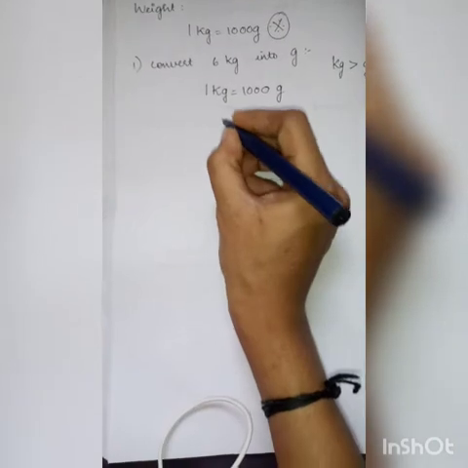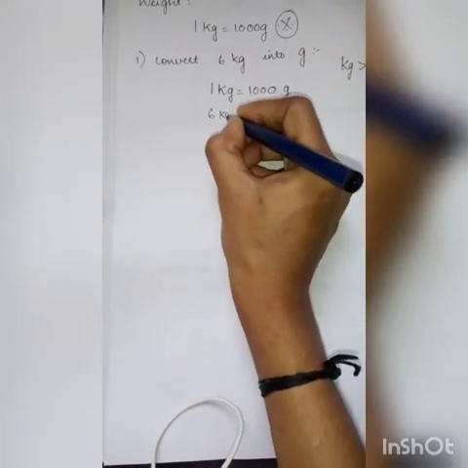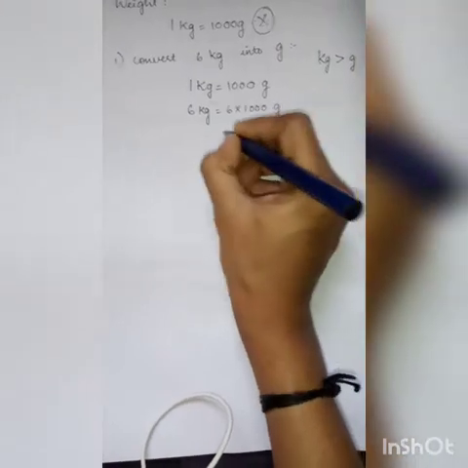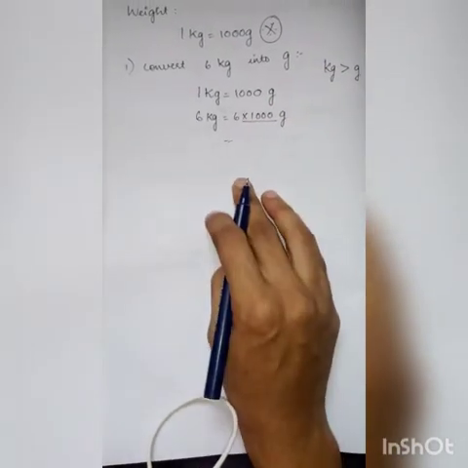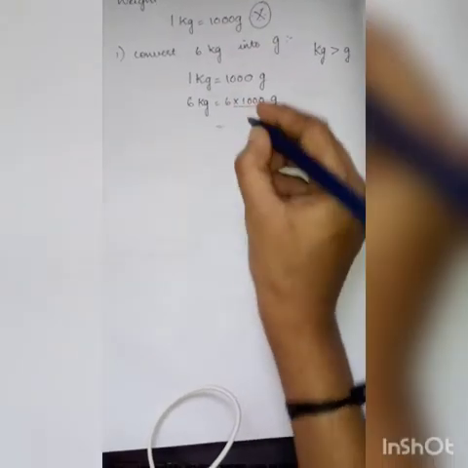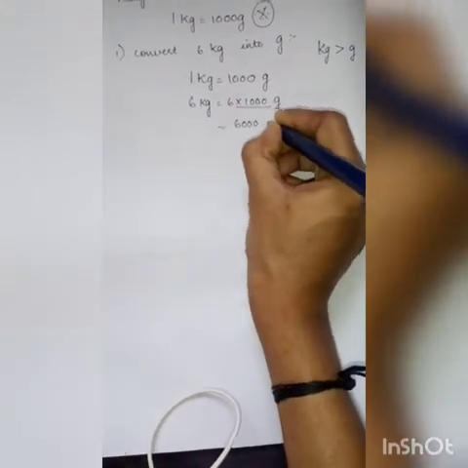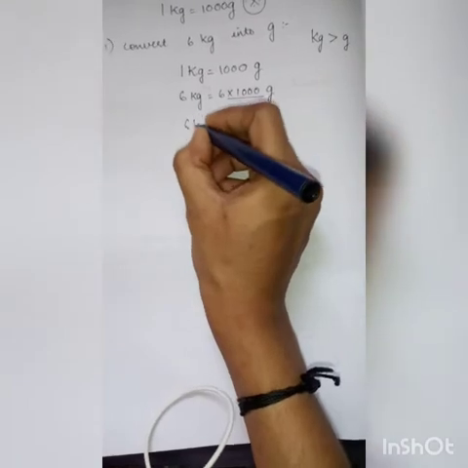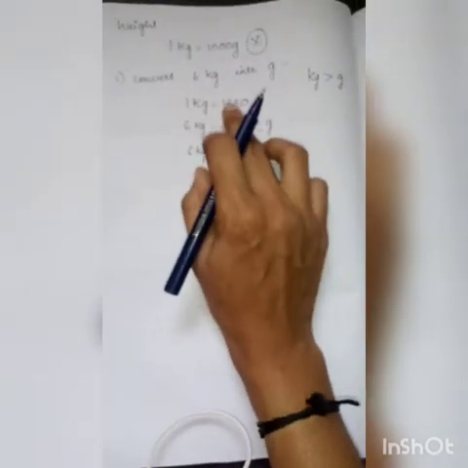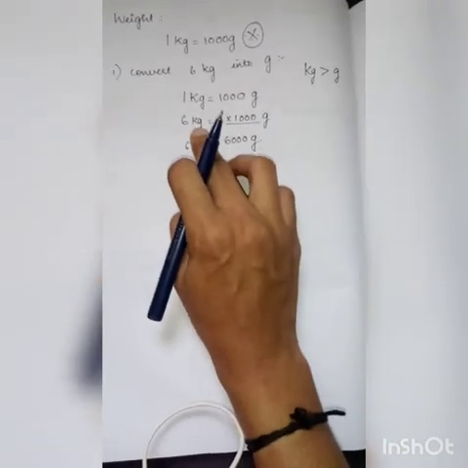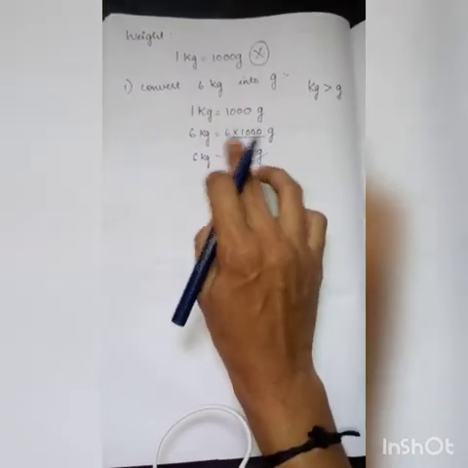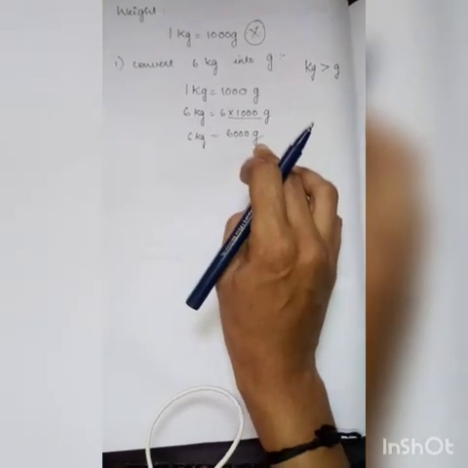So 6 kilograms means 6 into 1000 grams, because kilogram to gram means multiplication, you will do into 1000. So 6000 gram. Understood? 6 kilogram equals 6000 gram. 1 kg equals 1000 gram, so 6 kg is equal to 6 into 1000, which is 6000 grams.